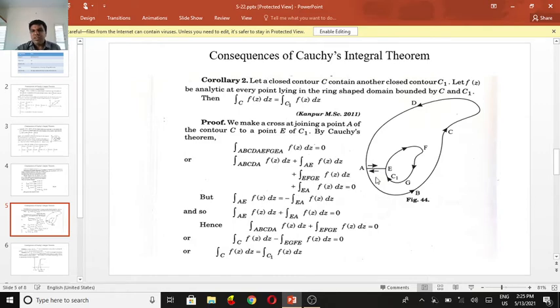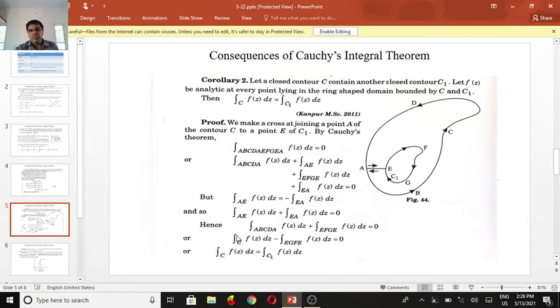But the integral of f(z) dz over AE is equal to minus the integral over EA. So the sum of the integral over AE and the integral over EA cancel. So the integral over ABCDA of f(z) dz plus the integral over EFGE of f(z) dz equals 0.